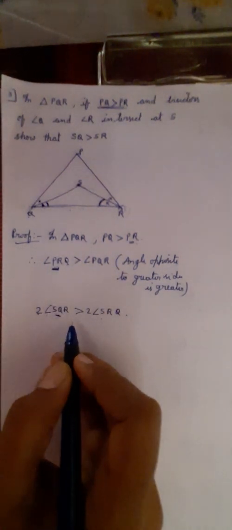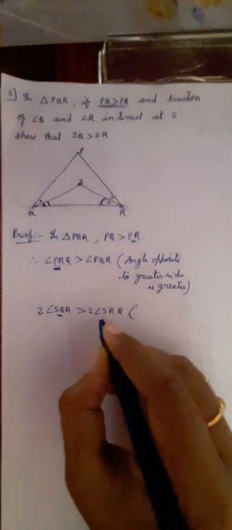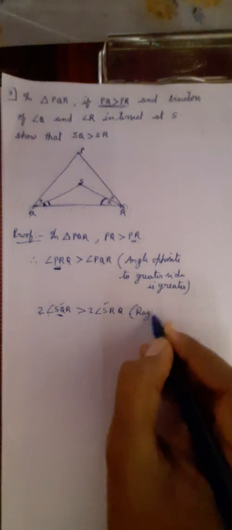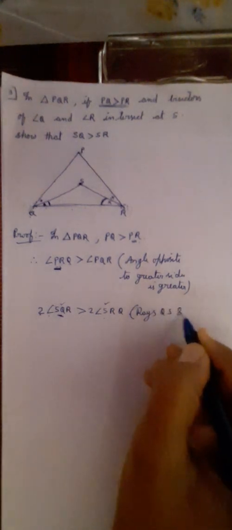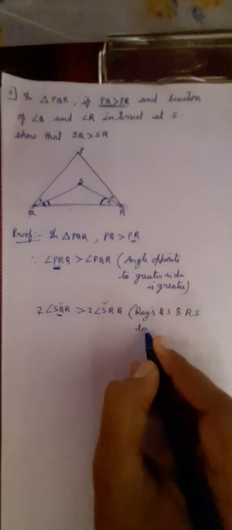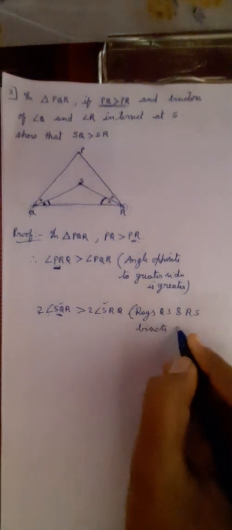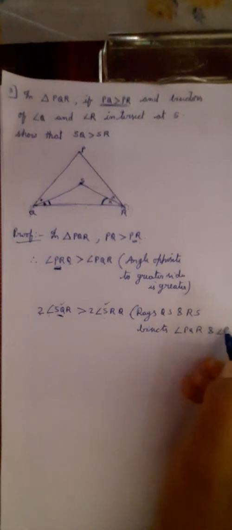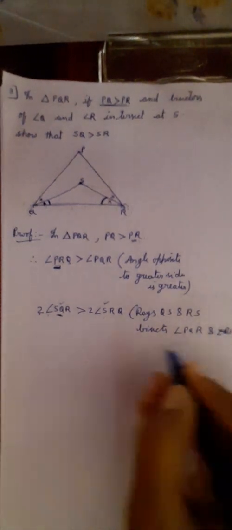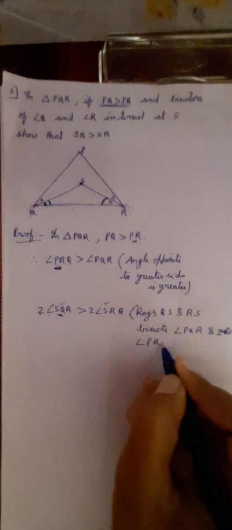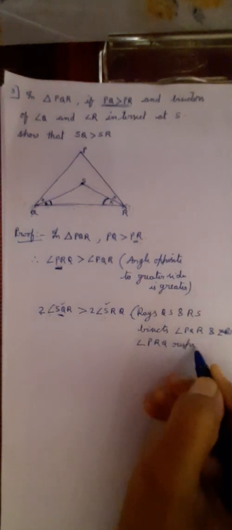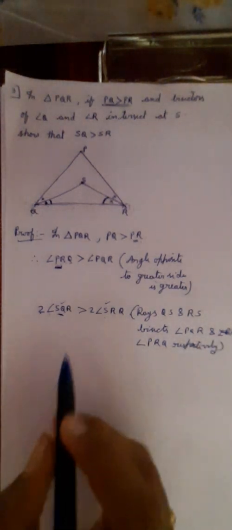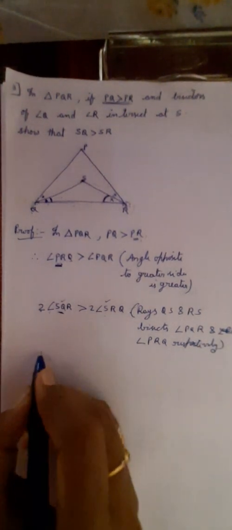So what is the reason here? Because of bisector: rays QS and RS bisect angle PQR and angle PRQ respectively. So now divide by 2.